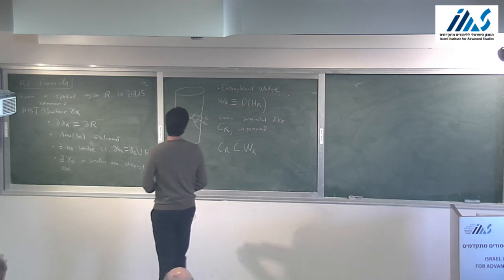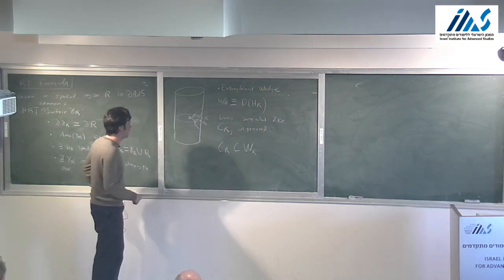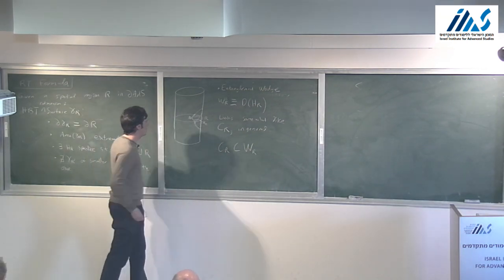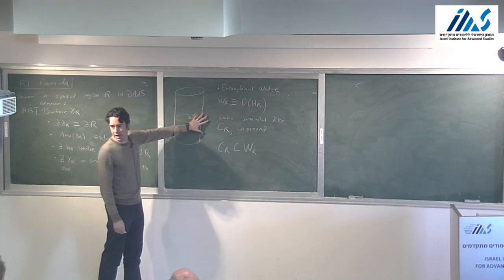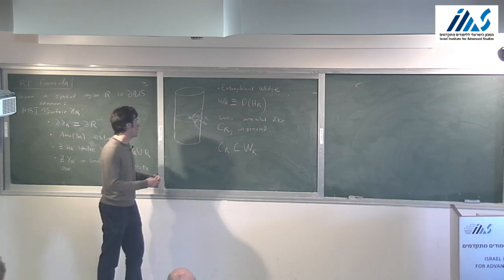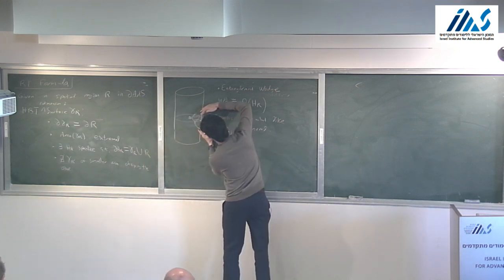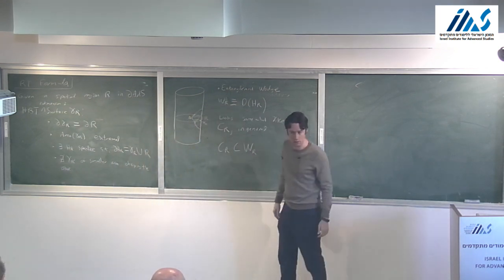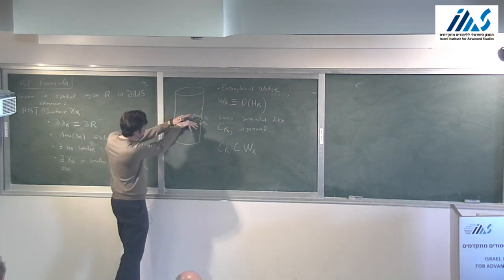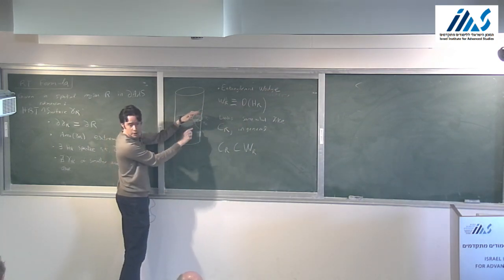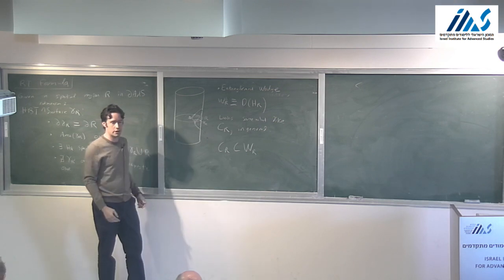So the difference between the two is that the causal wedge is defined as a kind of horizon. It's kind of defined by what's accessible from the boundary. And so it means it's defined by a null congruence which is fired from the boundary. This thing is the domain of dependence of HR, so it's defined by a null congruence which is fired from the extremal surface. So they're fired in different directions.